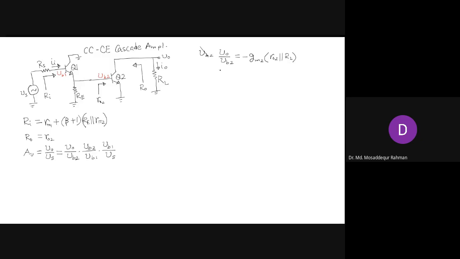So there is V0 by VB2, and next we have to write the gain for the common collector, which is VB2 by VB1. And what can we write for this?